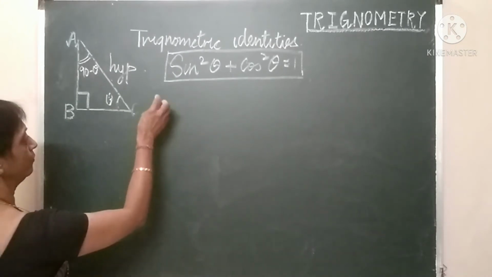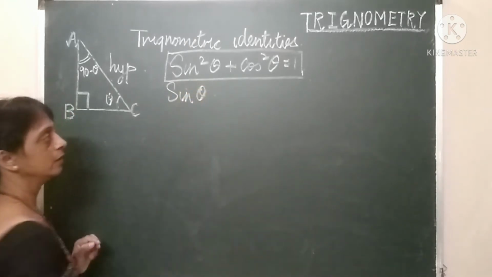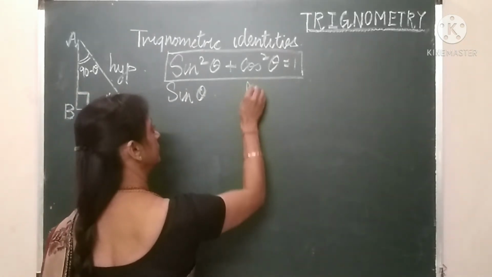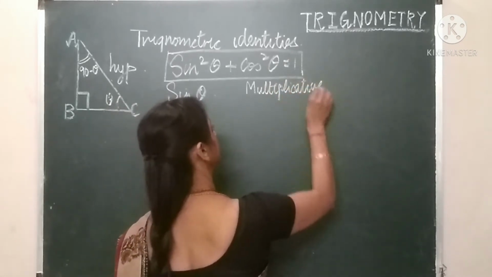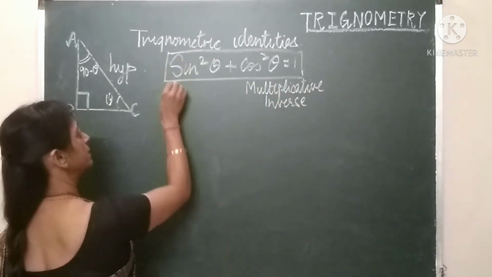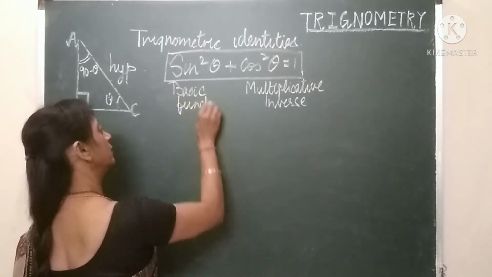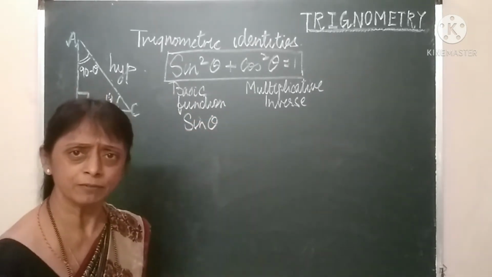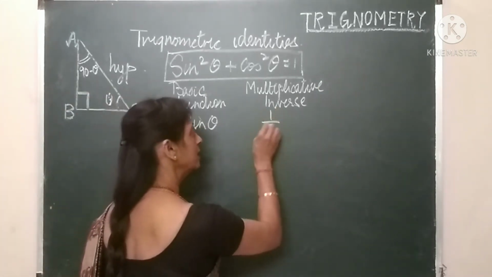We knew that for the basic function sine theta, its multiplicative inverse, or reciprocal, is 1 upon sine theta.